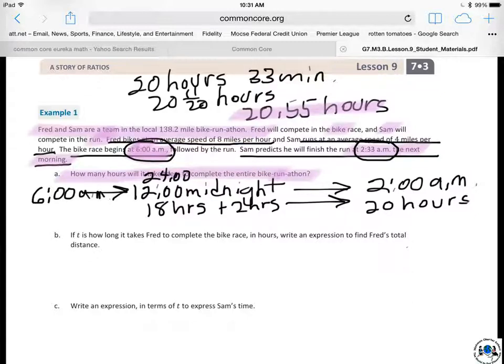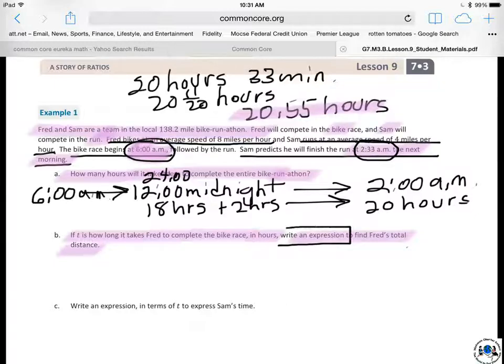Okay, so let's look at B now. See what B asks us. Okay, so if T is how long it takes Fred to complete the bike race, in hours, write an expression to find Fred's total distance. Okay, so what we have here is we're just going to write an expression.